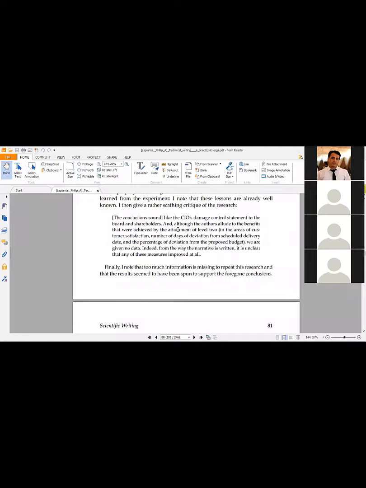And although the authors allude to the benefits that were achieved by the attainment of level 2 in the areas of customer satisfaction, number of days of deviation from scheduled delivery date, and the percentage of deviation from the proposed budget, we are given no data. Indeed, from the way the narrative is written, it is unclear that any of these measures improved at all.